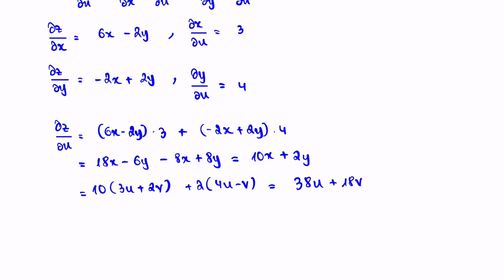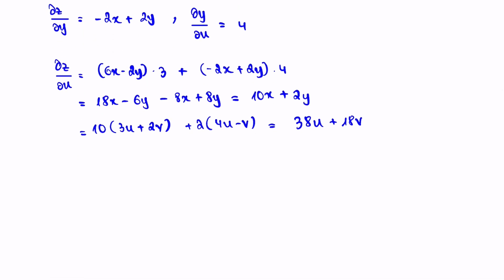Now I'm going to perform the same calculation for partial z, partial v. So you have partial z, partial v equal to partial z, partial x times partial x, partial v plus partial z, partial y times partial y, partial v.